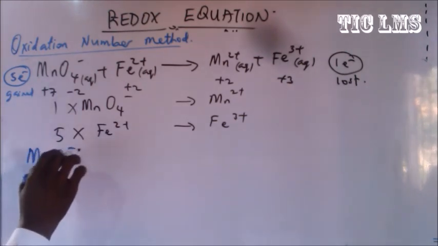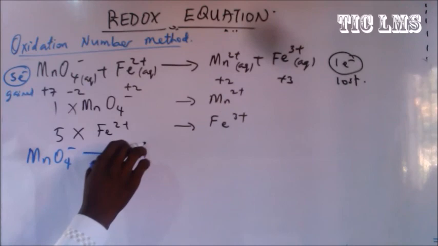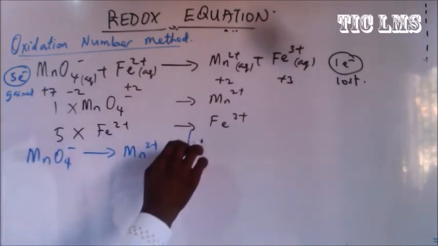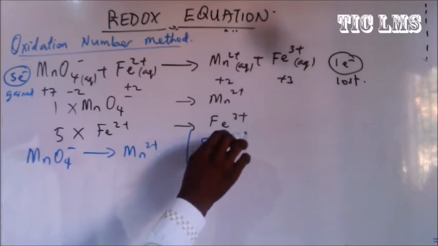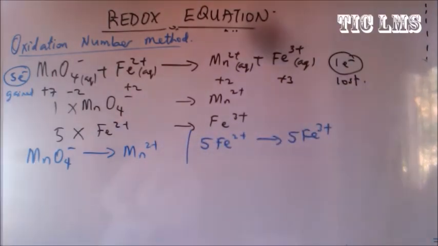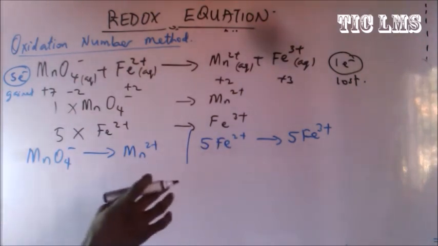MnO4⁻, Mn²⁺. And then 5 times this, that's 5 Fe²⁺, and then 5 Fe³⁺. Now the next is to introduce water molecules to the right hand side. Now that will be done by, we bring this equation together.